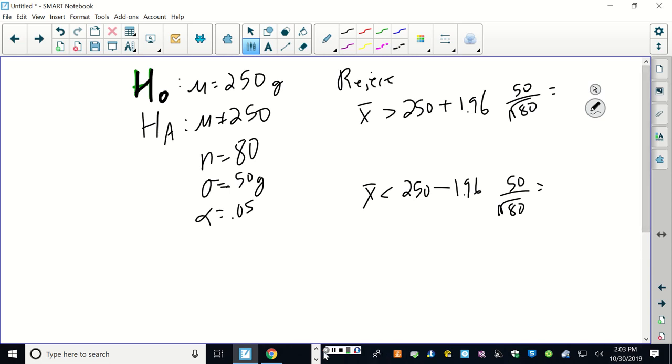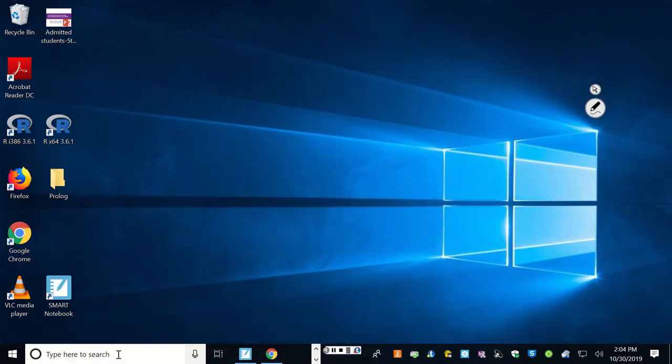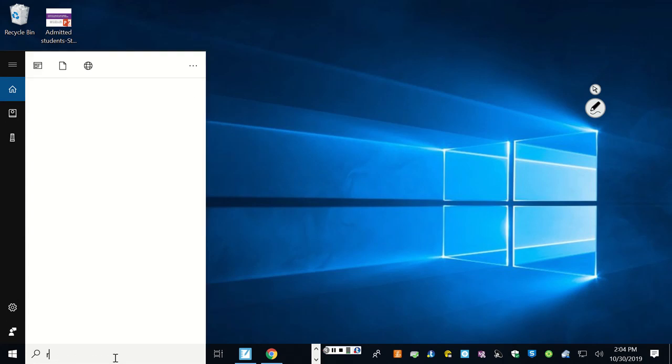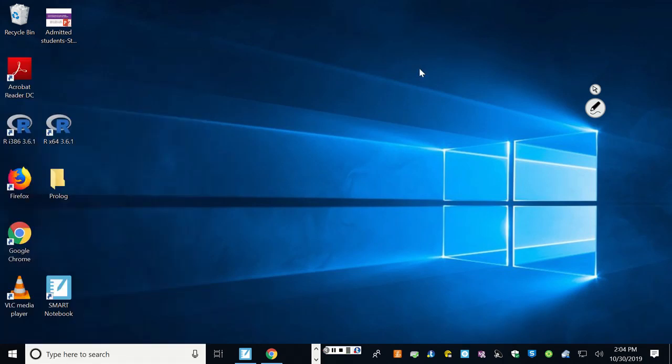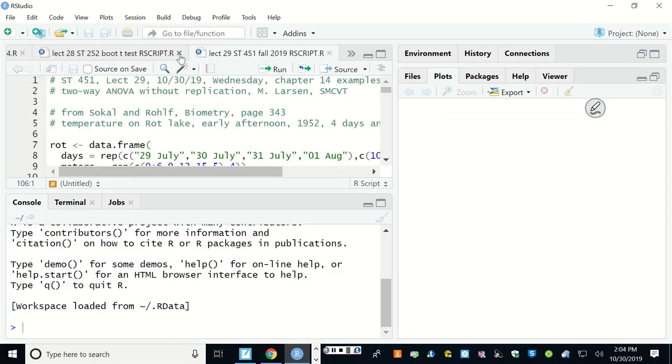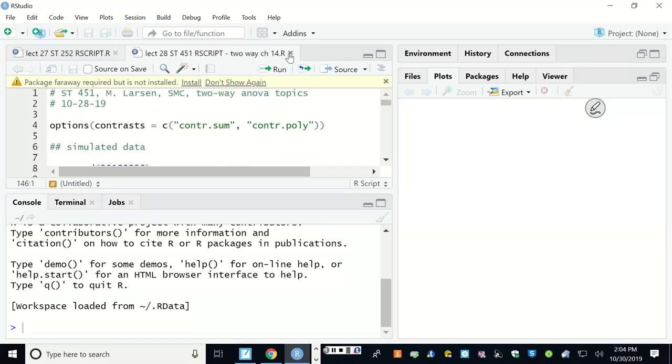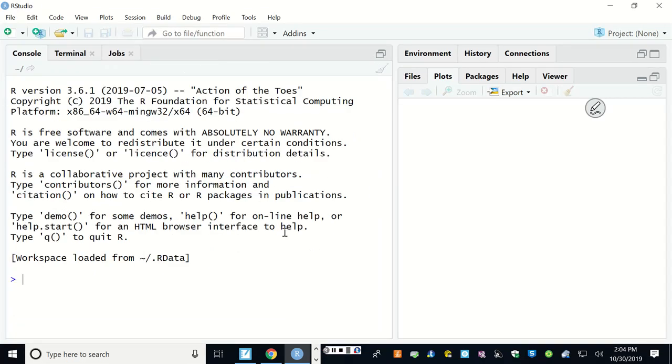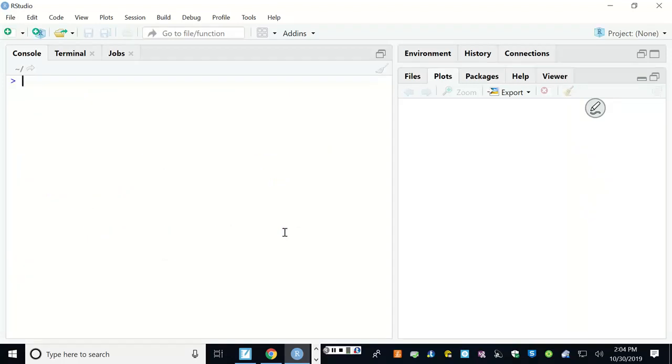So in R, you can use it like a calculator. Control L gets rid of that stuff.